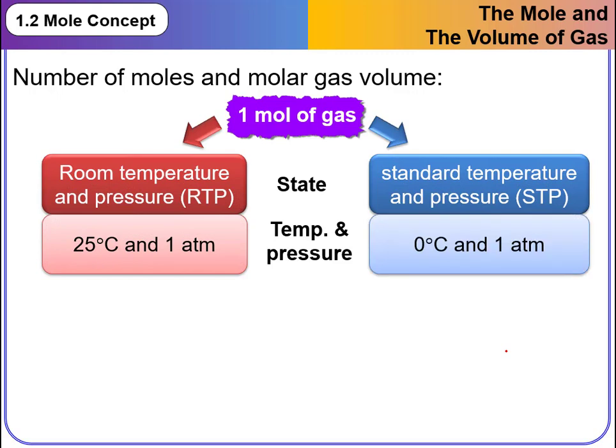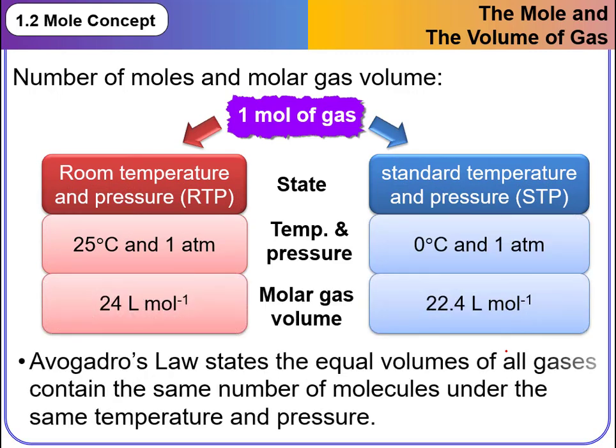Let us look at the difference if you have to calculate the mole of gas at room temperature and also at STP. What is STP? It is standard temperature and pressure, which is 0 degrees Celsius and 1 atm, where 1 mole of gas contains 22.4 liter of that gas.